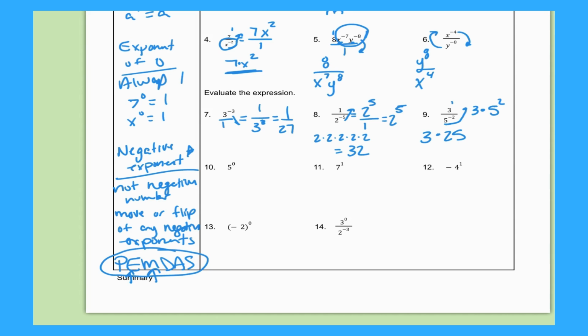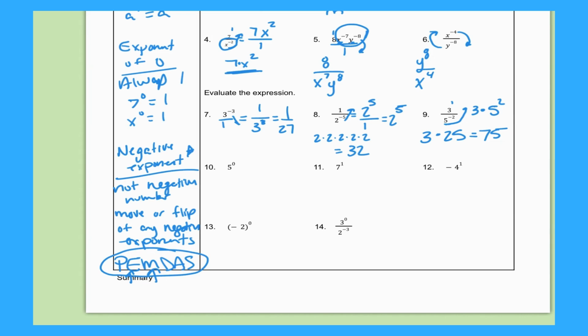Now I can multiply. 3 times 25 is 75. I would get a very different number if I had accidentally multiplied the 3 times 5 first and said 15 to the second power. That'd be, I think, 225. Very different answer. So we still got to follow order of operations, always.